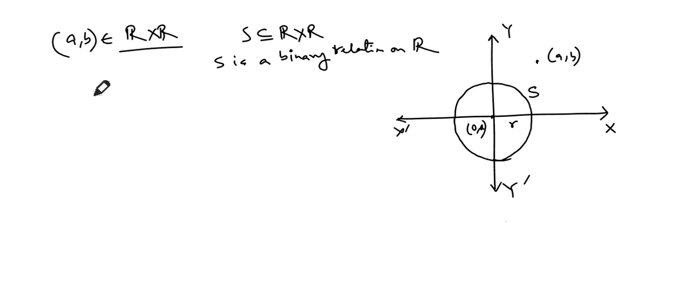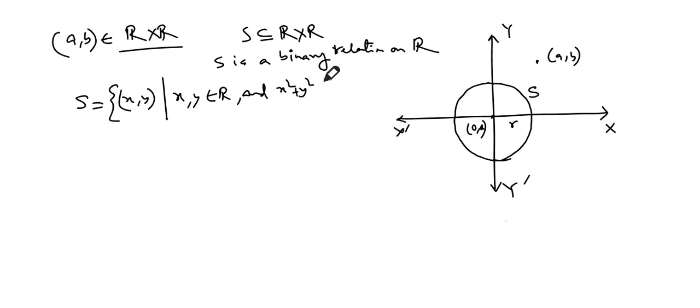Now if we had to write the set S, how could we write it? We may write it as S is the set of all those pairs (x, y) such that x and y obviously belong to R and x squared plus y squared is less than or equal to r squared. Why this? Because if this is a circle of radius r centered at the origin, then the equation of this circle is x squared plus y squared equals r squared. All the points on the circumference of this circle satisfy this equation.